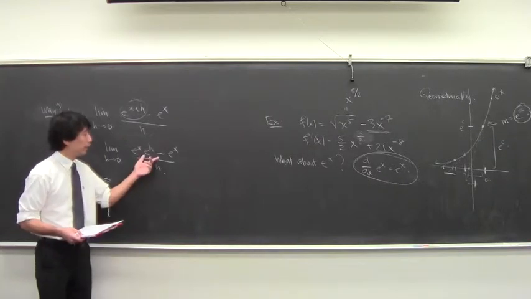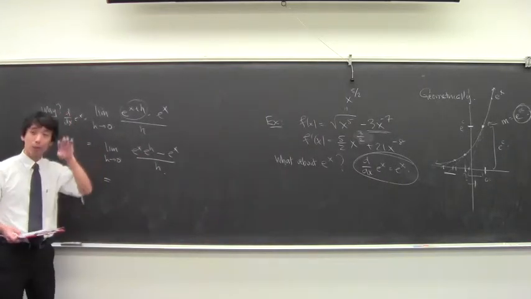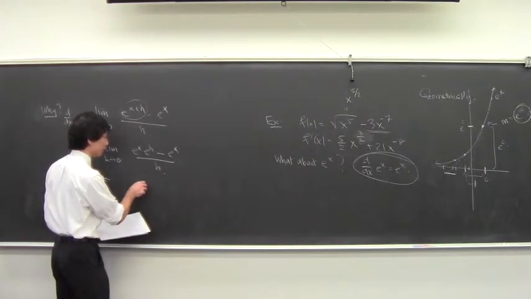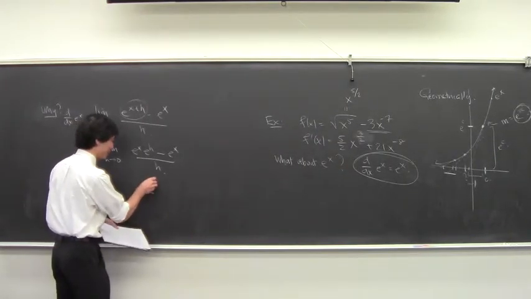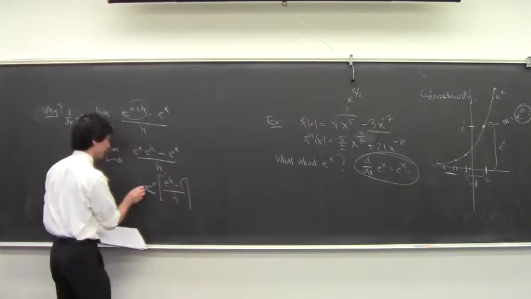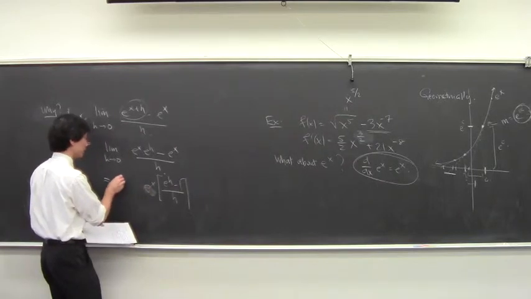We actually can't show the whole thing, but let me give you some indication of what happens. You get e to the h minus 1 over h. Now you can factor out e to the x out of both of these.